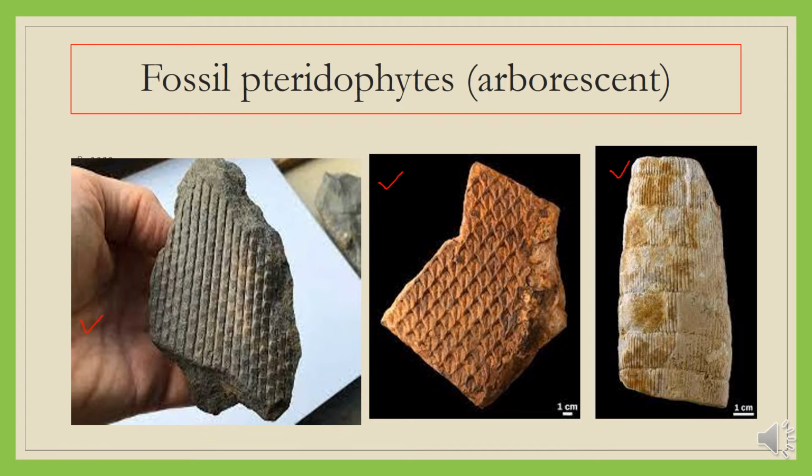From the fossil cast we can easily see that these are casts of stems, and as we see the ridges and the furrows, in between the two furrows we see markings of the leaf area.